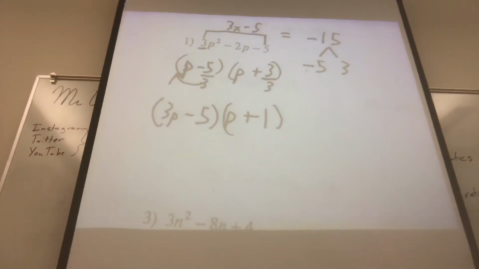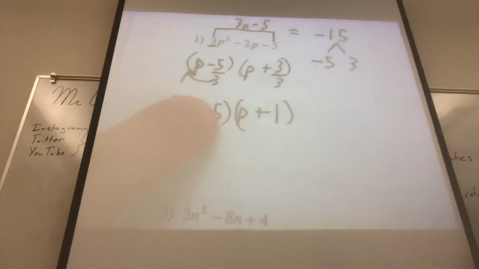Now, it may be that you're looking at that and you're thinking, the test is tomorrow, I'm going to fail, I'm terrible at trying to factor that out, there's no way I'm going to get it, somebody help me please. Okay? Here I come to save the day. This is a multiple choice test, which means all of the possible solutions have to include one of them that's going to be correct.